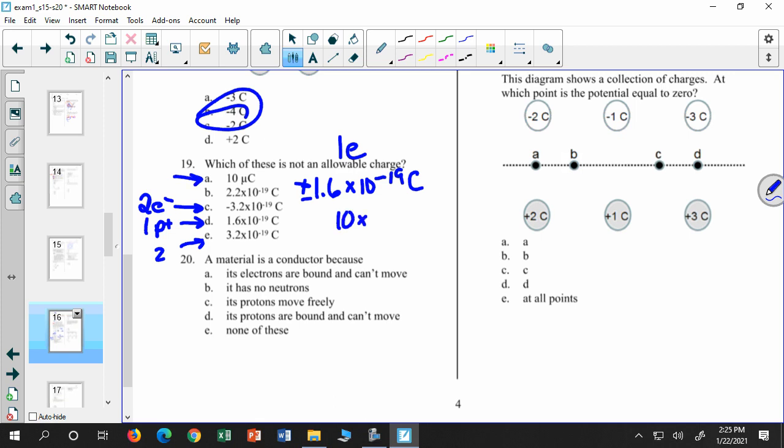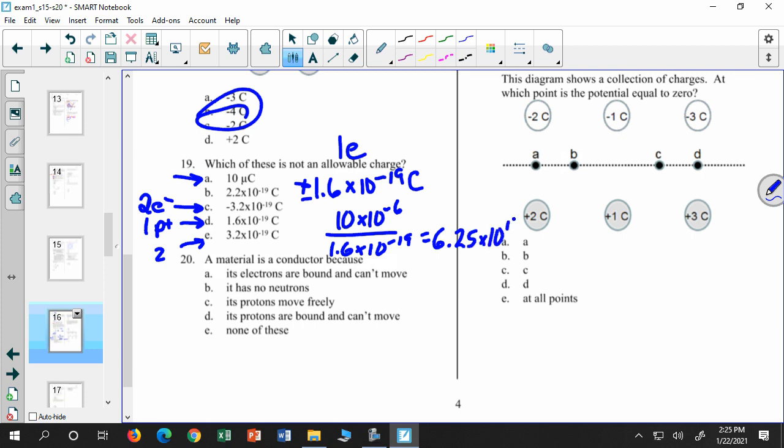In fact, if I do 10 times 10 to the minus 6 divided by 1.6 times 10 to the minus 19, micro is -6, right? I get 6.25 times 10 to the 13.